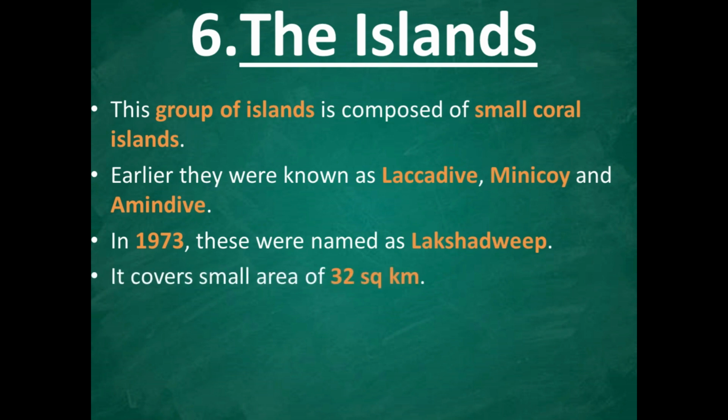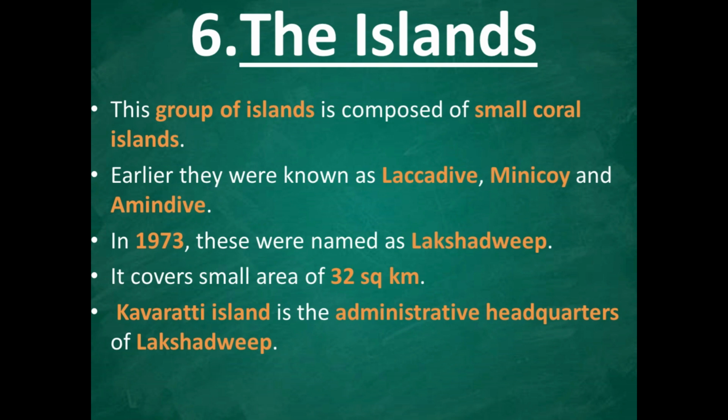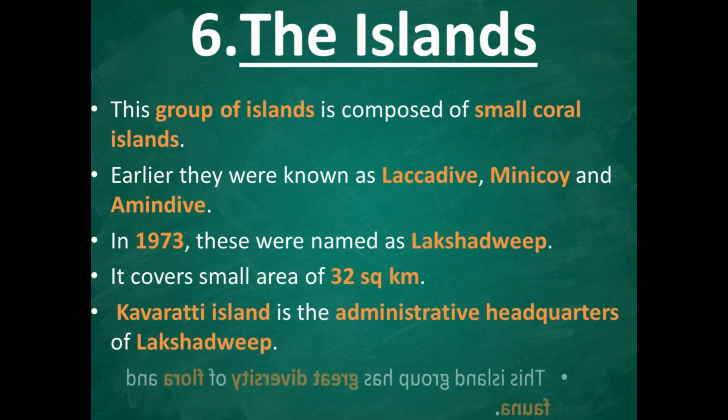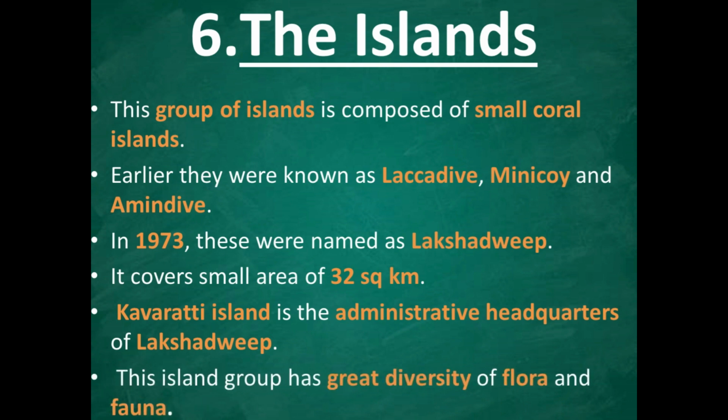It covers a small area of just 32 square kilometers. Kavaratti Island is the main administrative headquarters of Lakshadweep. This island group has great diversity of flora as well as fauna.